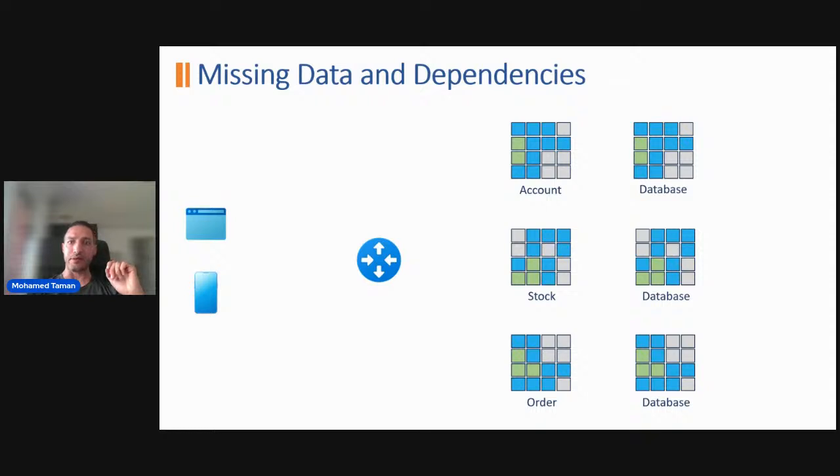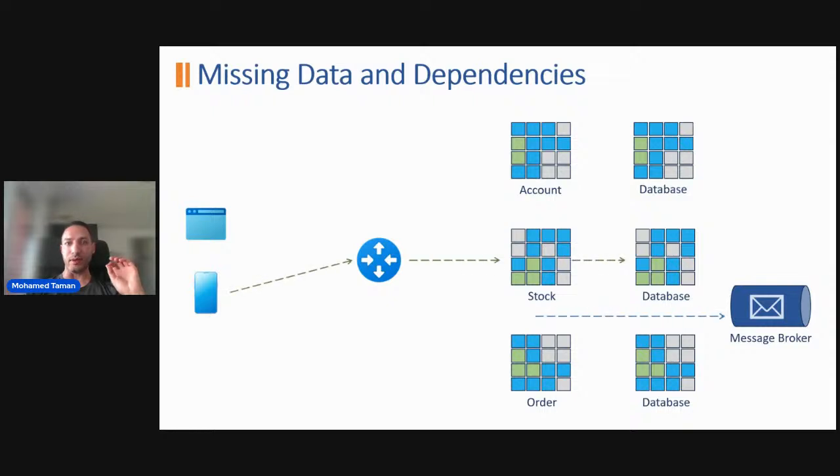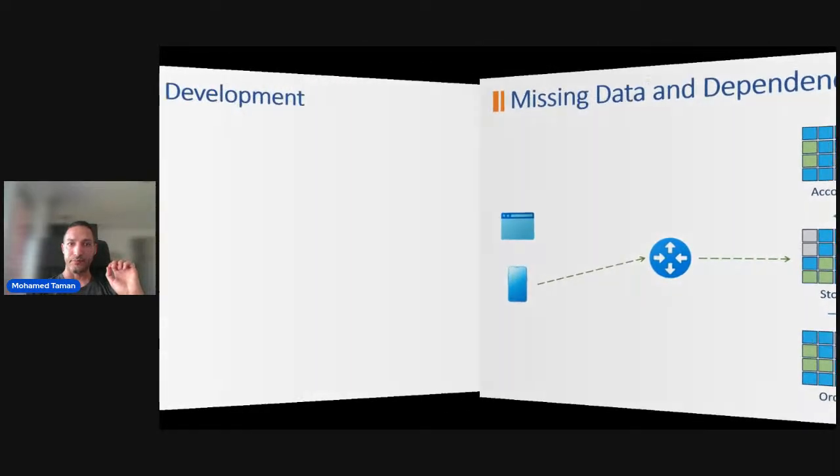For example, another solution to this missing data problem is to use something like a message broker to share data. So every time data is created or updated, a copy of the data is placed on the message broker. If another API or microservice needs a copy of the data in their database, they can take a copy of that data from the message broker.